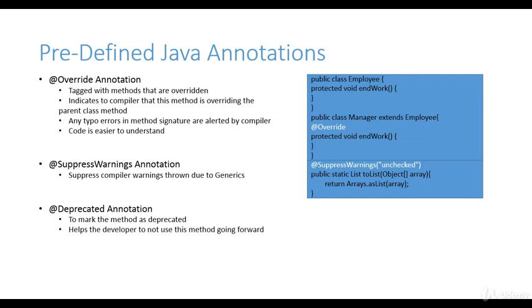The other inbuilt Java annotation is @SuppressWarnings. With the concept of generics starting from Java 5, references to any of the collection types can be parameterized, otherwise the compiler will issue a warning message. For getting rid of this warning message in our code, we can define the type like list of an object, thereby making the compiler happy.